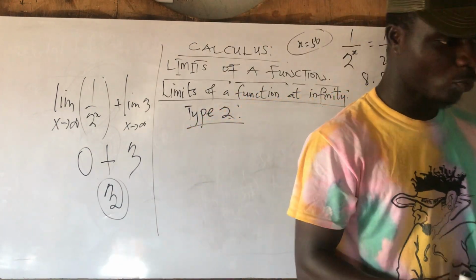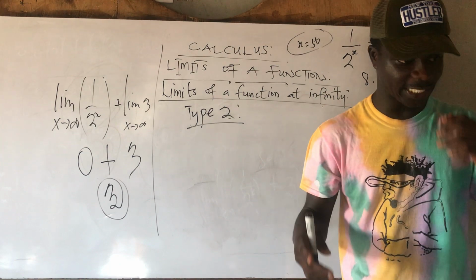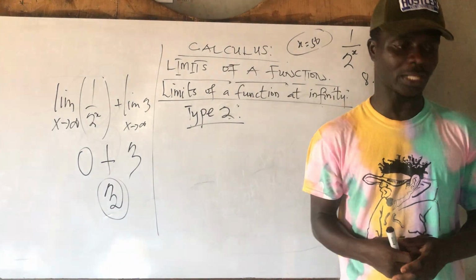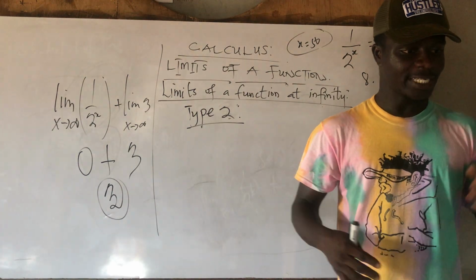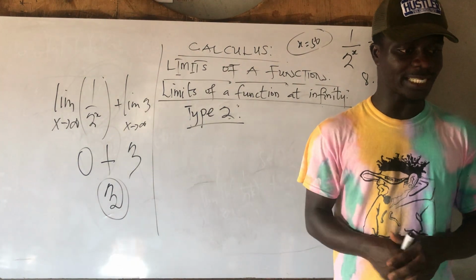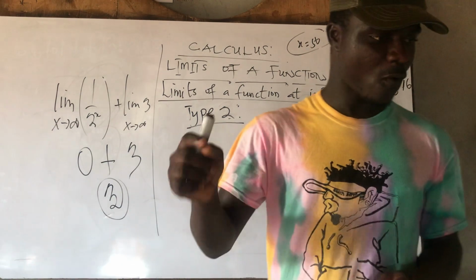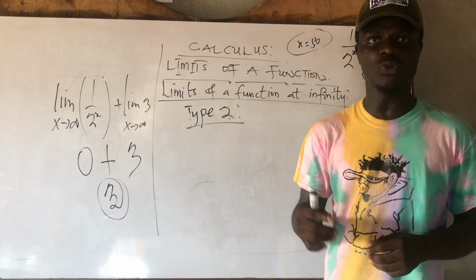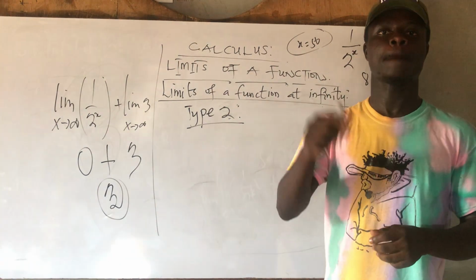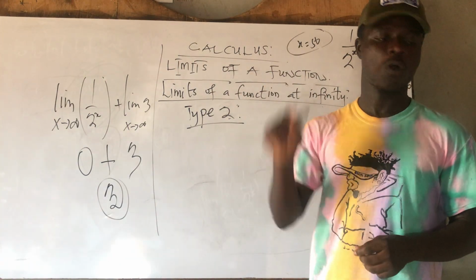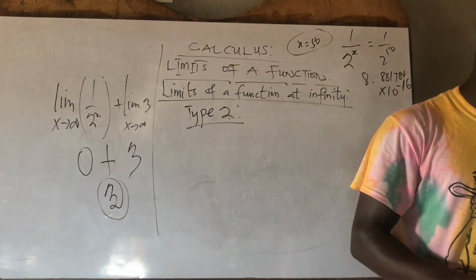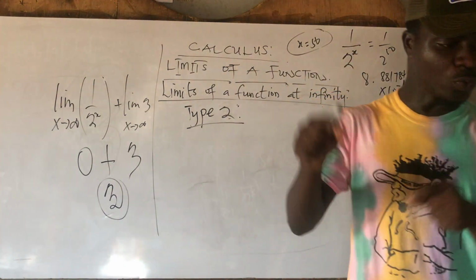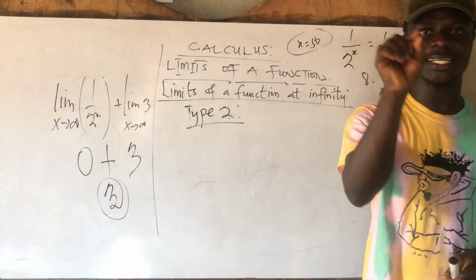So when the limits of the numerator and the denominator do not exist, rule 7 cannot be applied. In this case, divide the numerator and the denominator by the highest power of x, so that the limits at infinity of the new numerator and denominator exist.